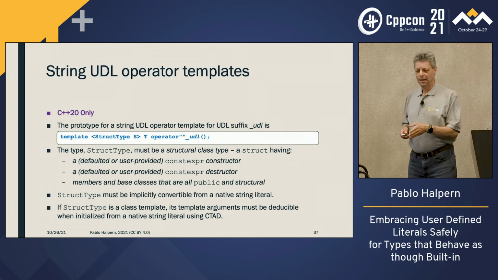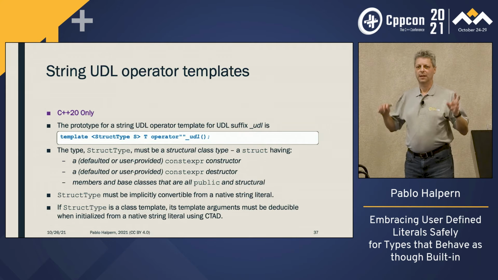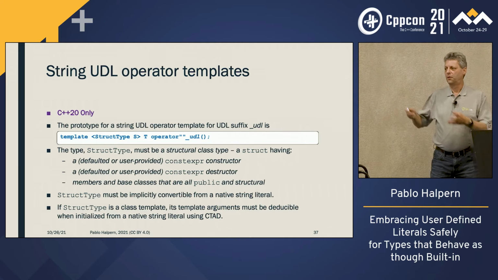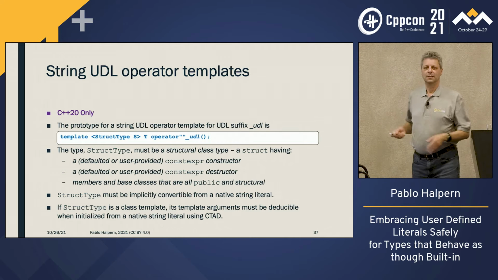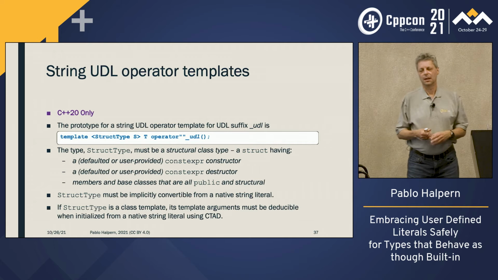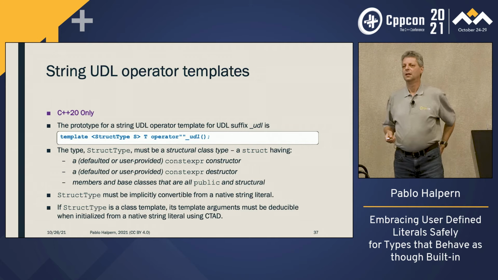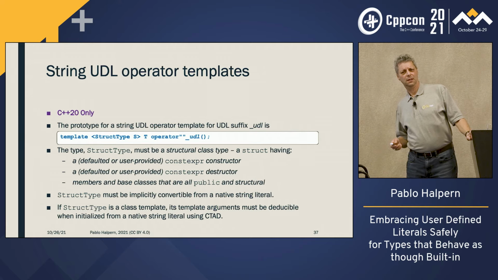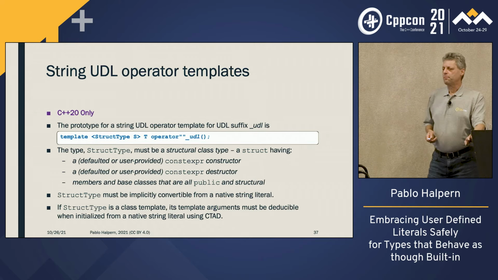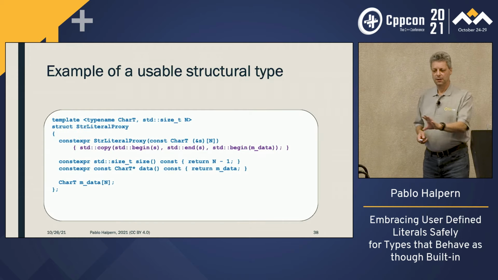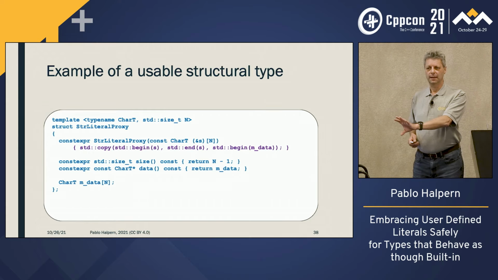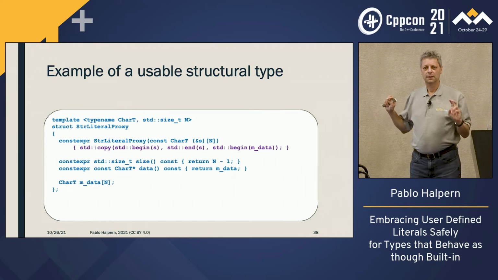If struct type is a class template, not just a class, but a class template, then its template arguments have to be deducible by using CTAD, class template argument deduction, which again is a wonderful feature that we added in 17 or 14? 17. And I'll show you the use here is exactly this. This is a type that matches any string type, any native literal string type.